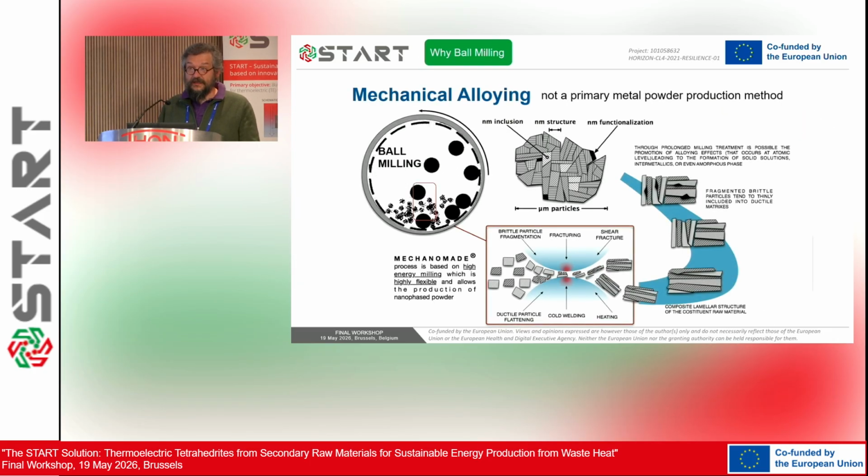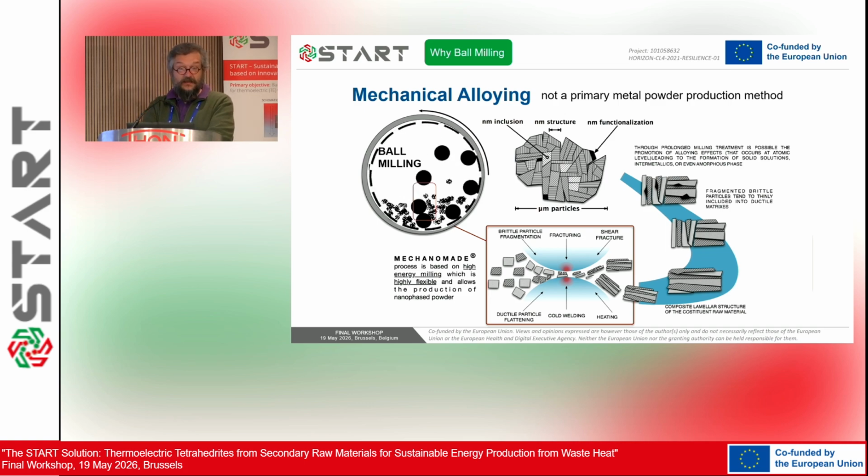Ball milling is a technique which is quite present in all the universities because it's quite simple. It's based on the fact that when you smash materials together, they tend to fracture, to break, but also to weld together.